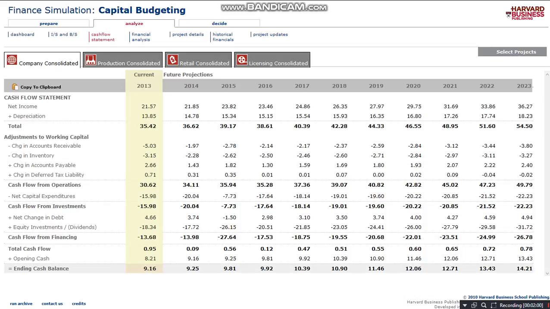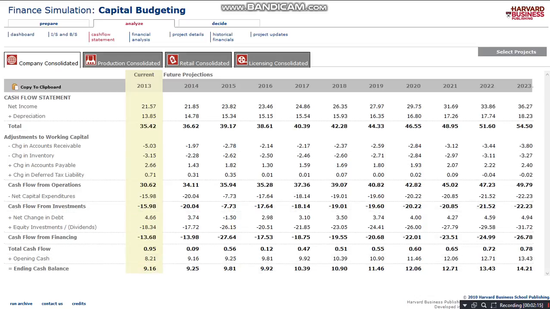So it goes from 9.16 to 9.25, which is only about 0.09 of the cash flow ending balance.